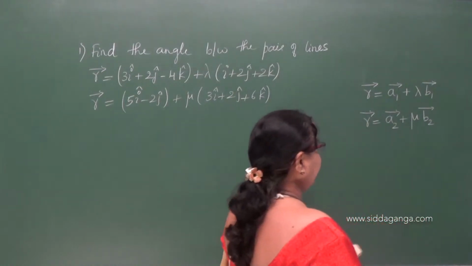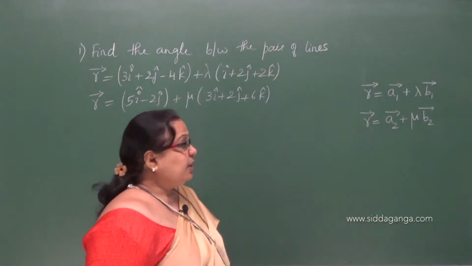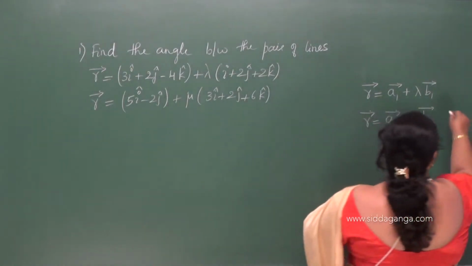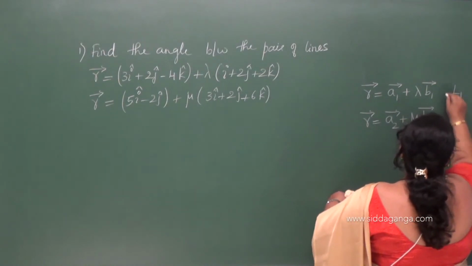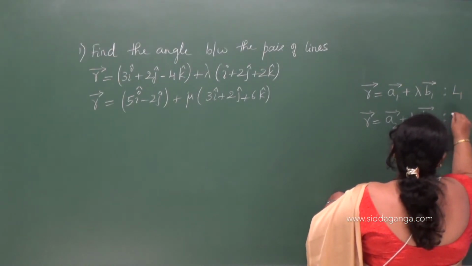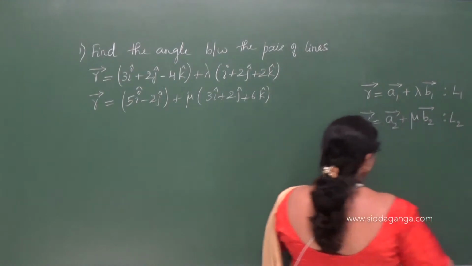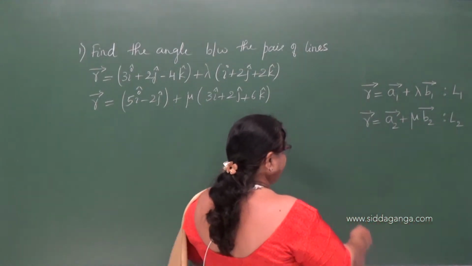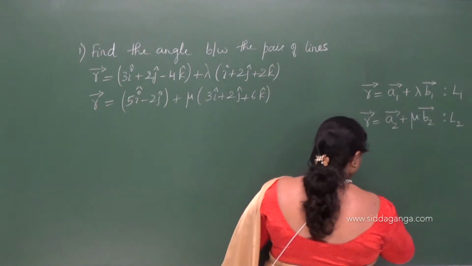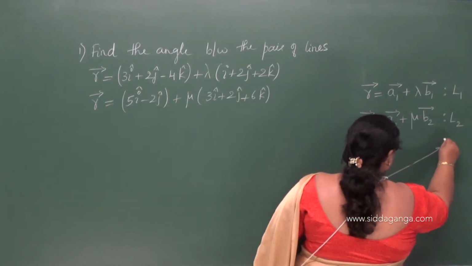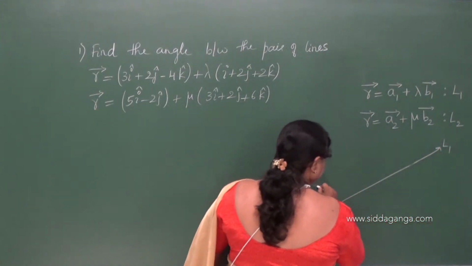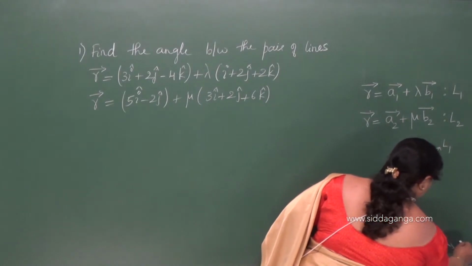Look at the two lines here. This is the first line L1 and this is the second line L2. The angle between the two lines, suppose this is L1 line and this is L2 line.